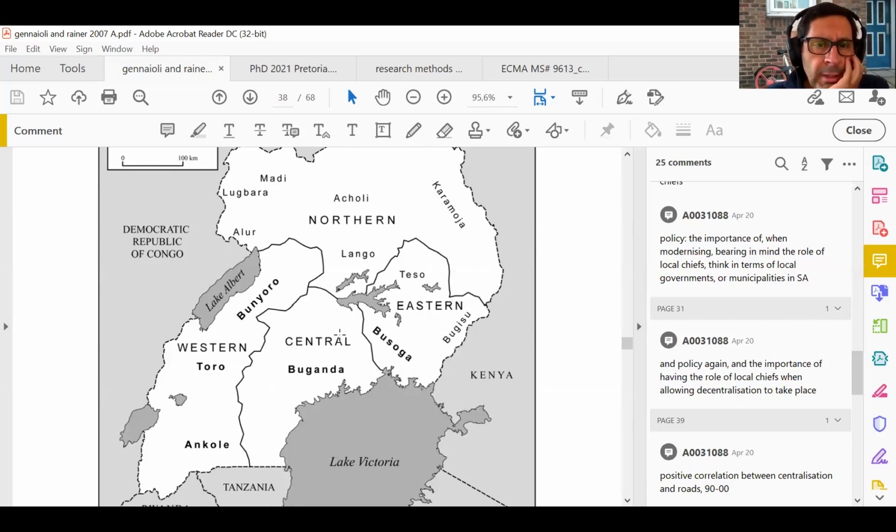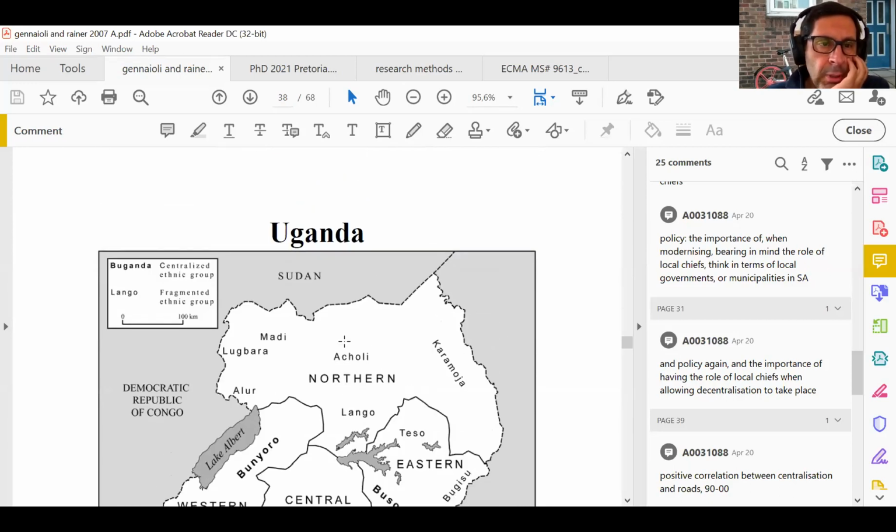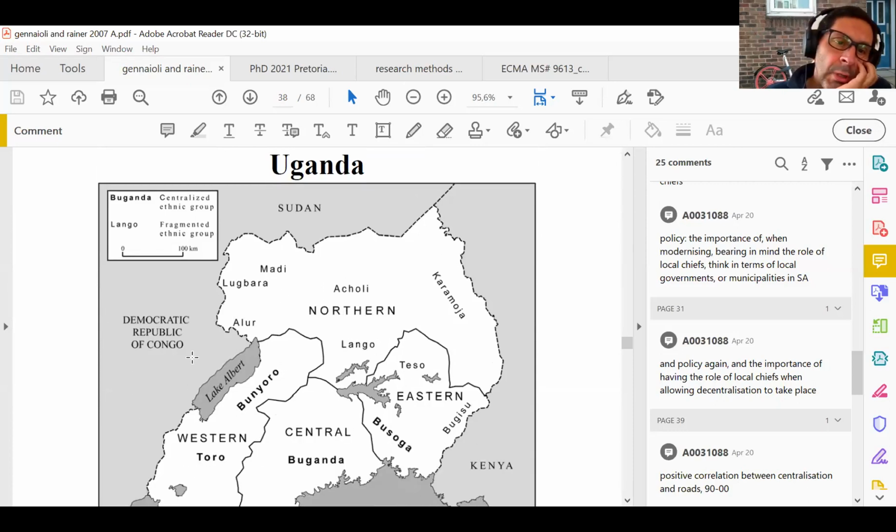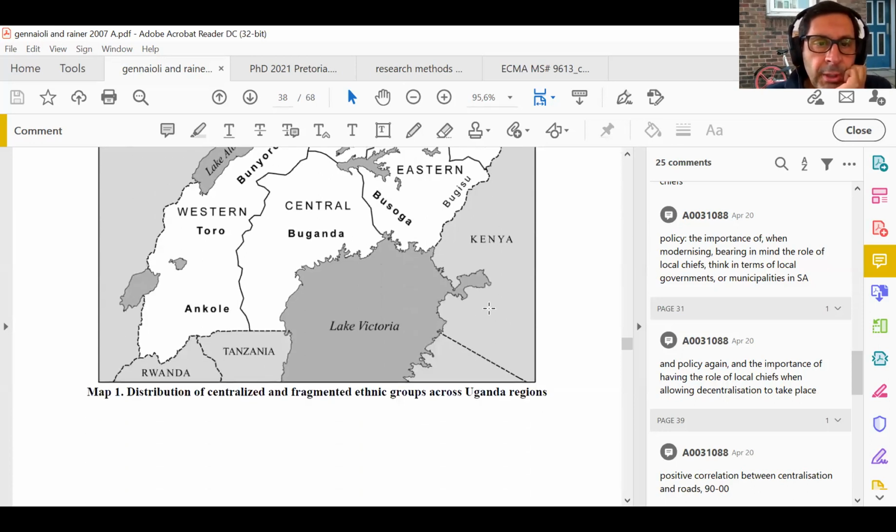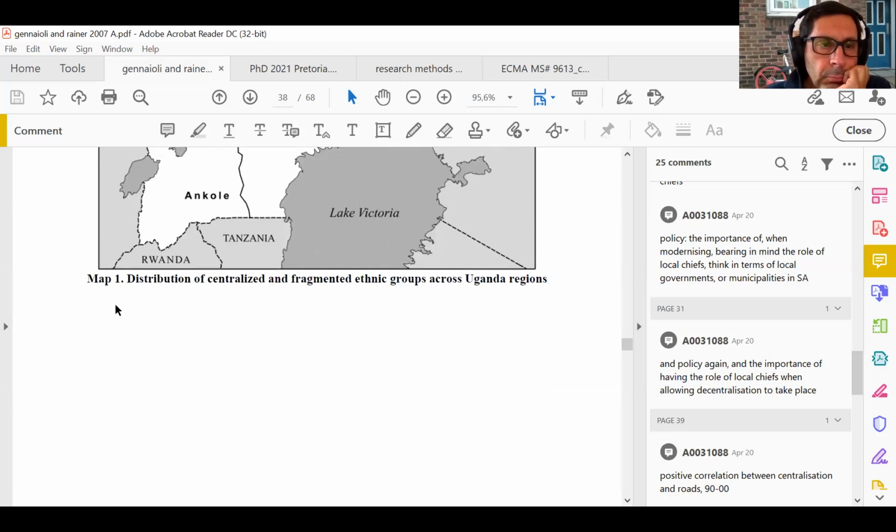They use Ugandan data in addition to more general African data. That's Uganda, and they have centralized ethnic groups, such as the Buganda, and fragmented ethnic groups, such as the Langi, right? Distribution of centralized and fragmented ethnic groups across Uganda regions.